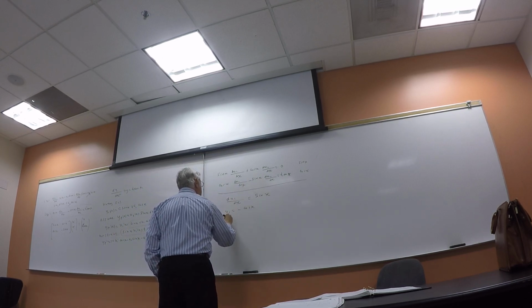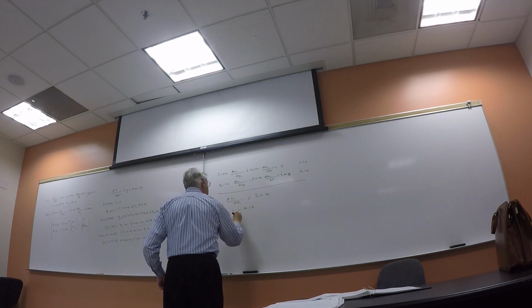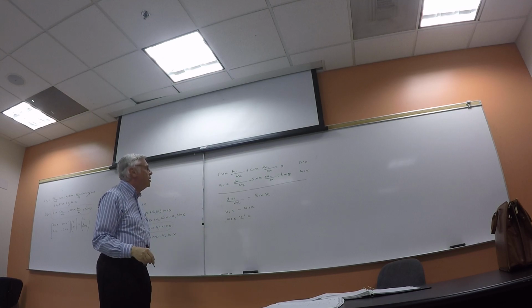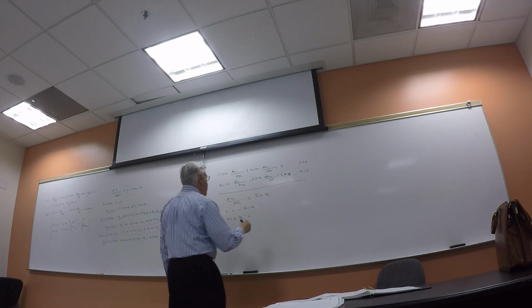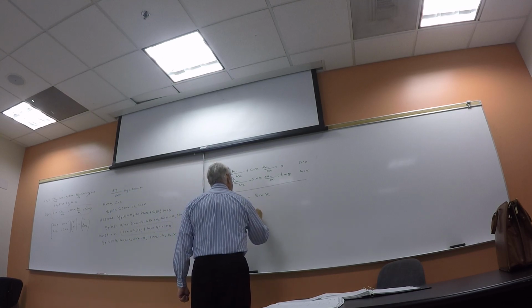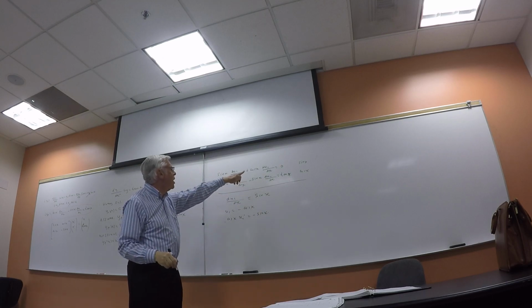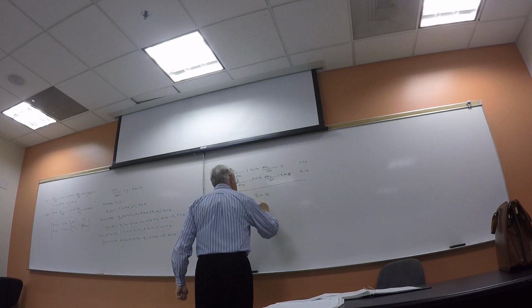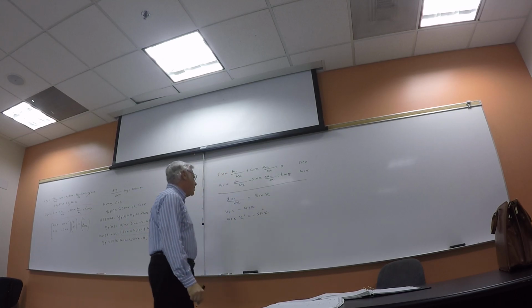For the first equation, I get cos x u2 prime equals minus sine x u1 prime, but u1 prime is sine. So it's just minus sine squared.